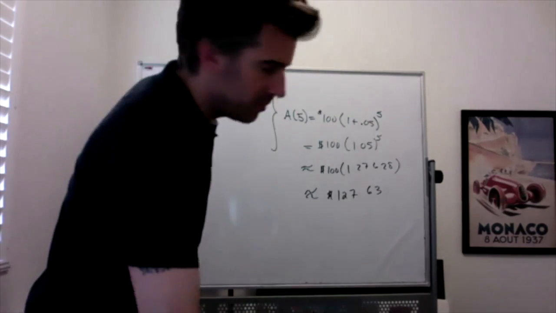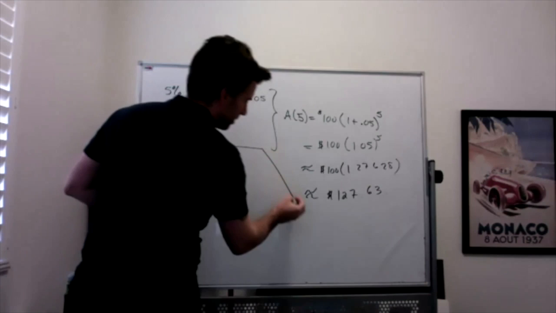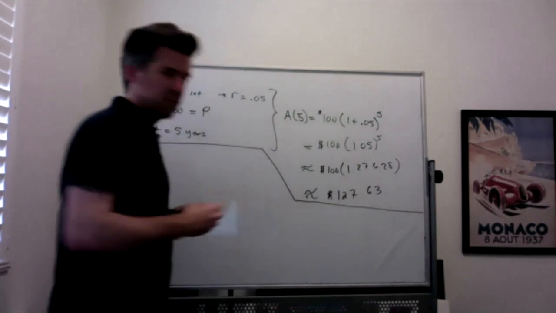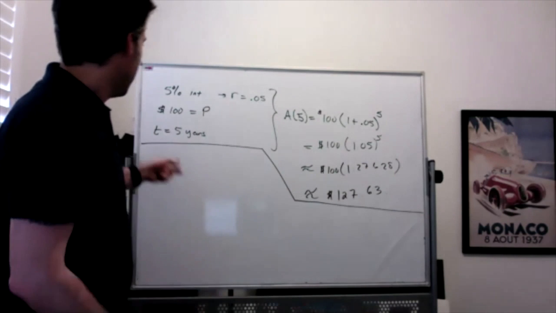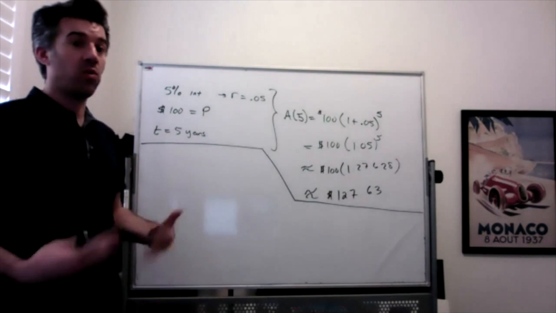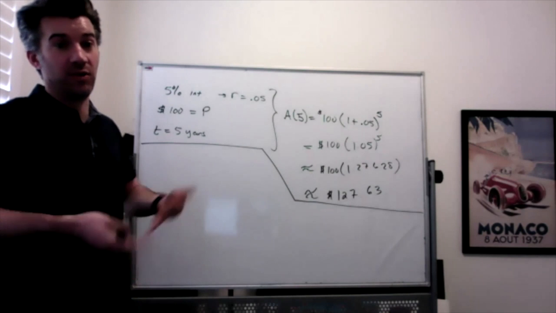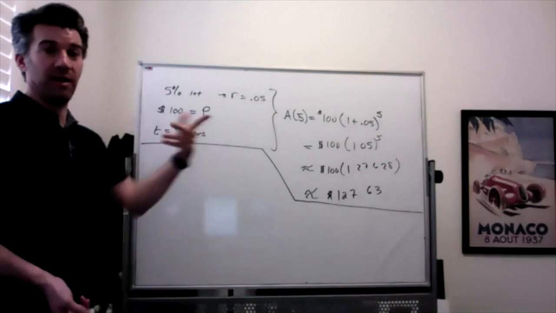The second question, and I will say just generally, for these types of situations, there are really only 2 sorts of questions we can ask. I can ask you, after so much time, how much money is there? Or how much time does it take until there is a certain amount of money? This first one is, I gave you the time, I asked you how much money.